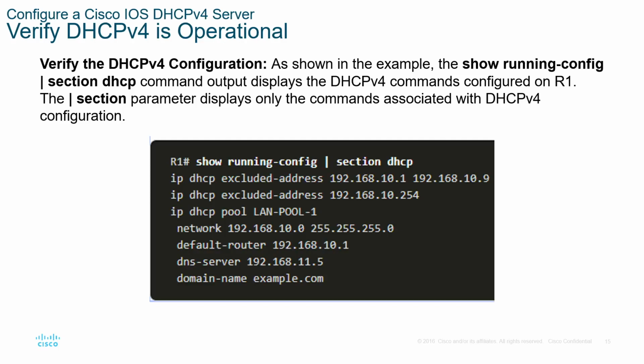In this case, we're actually giving the number 1. Now we also specify the pool name and also the options. So we're specifying the network, the default router, which in this case is just basically the default gateway information, the DNS server, and also the domain name.